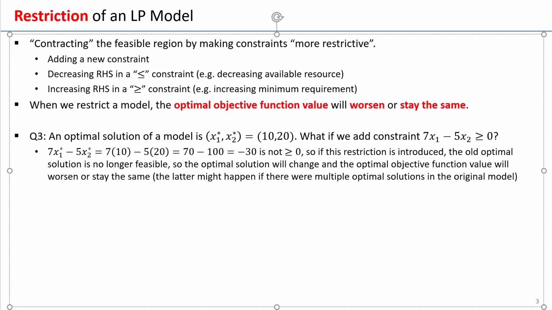In that case, even if the optimal solution changes, which we know for sure it will, if there were multiple optimal solutions, it might be possible to select another of those that still satisfies this constraint. So this is the last question about relaxations and restrictions.